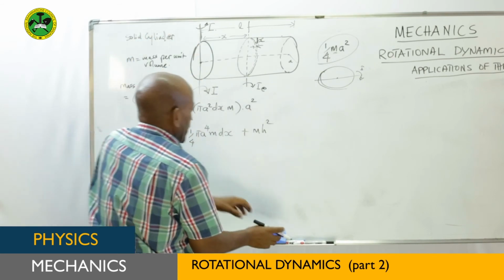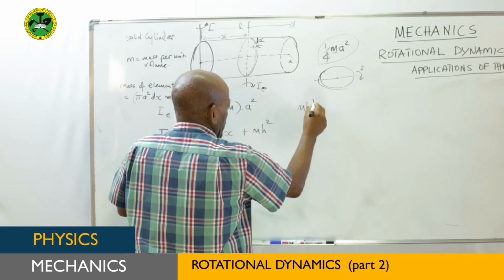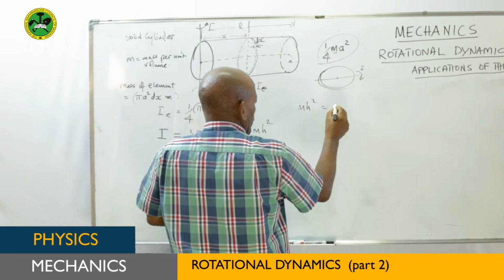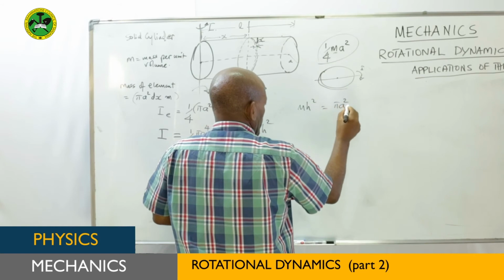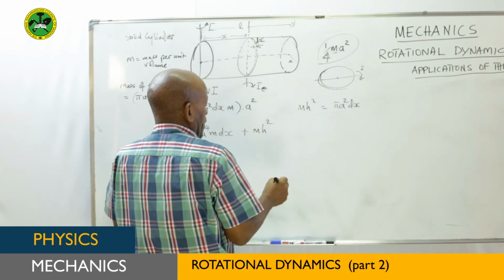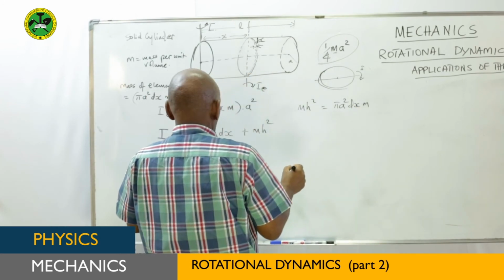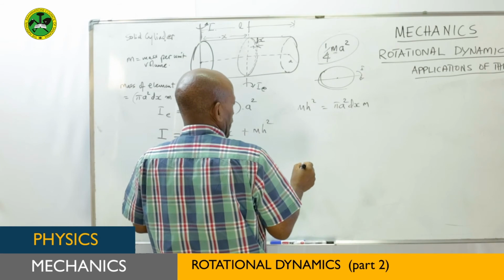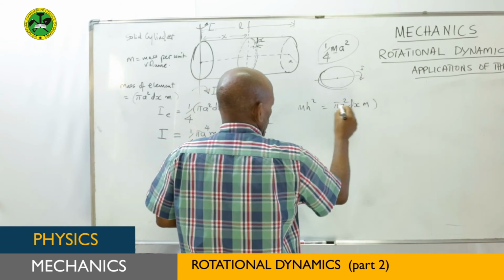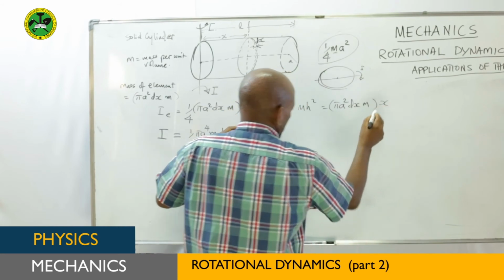For the expression of m h squared, this will be equal to pi a squared times dx, the volume, times the mass per unit volume, and then we multiply by x squared, x being the h.